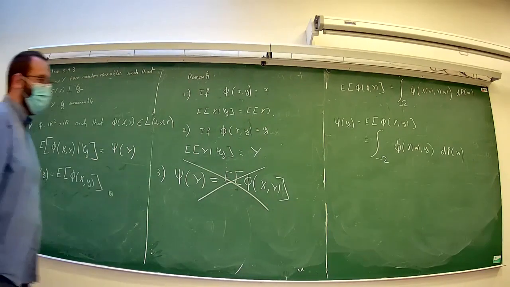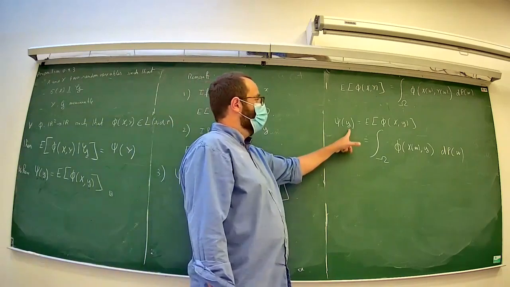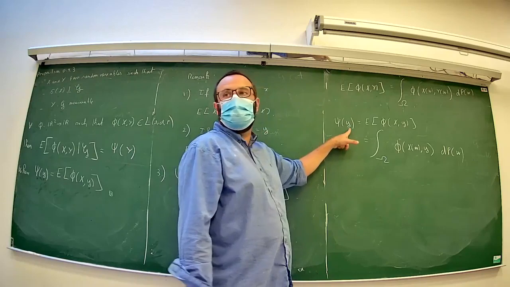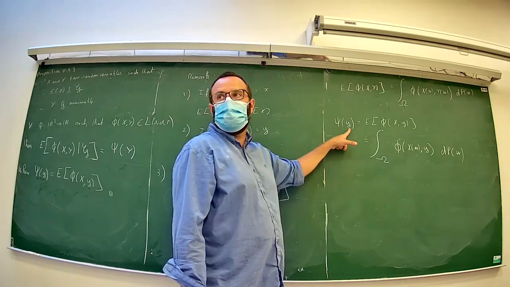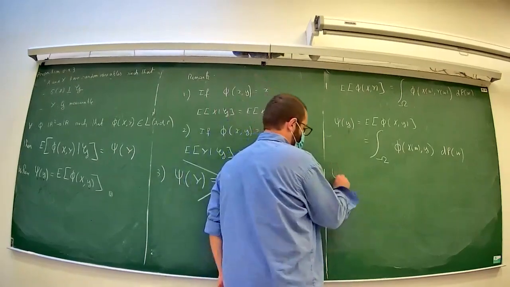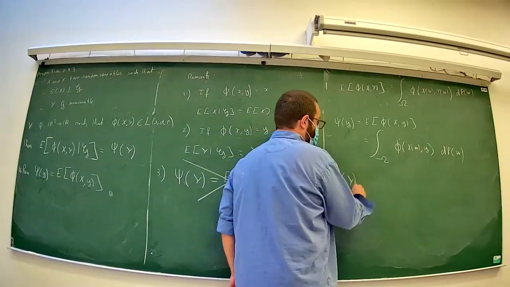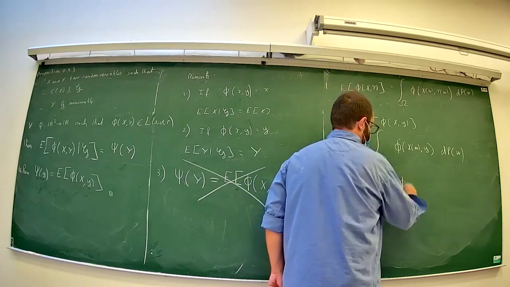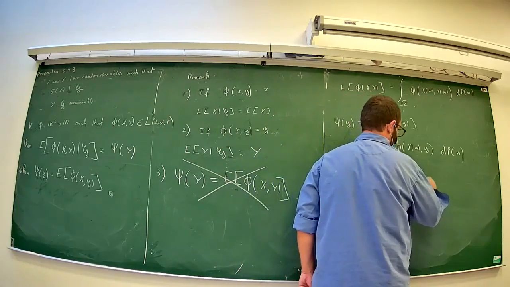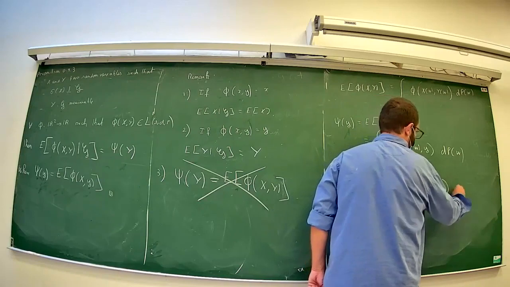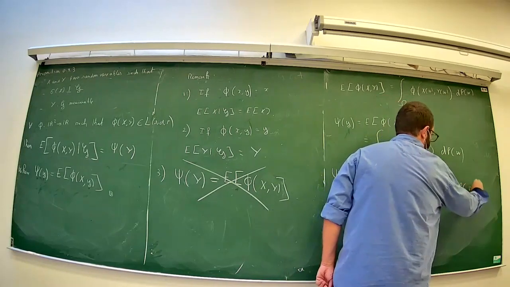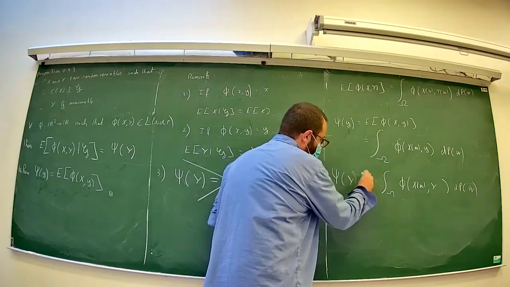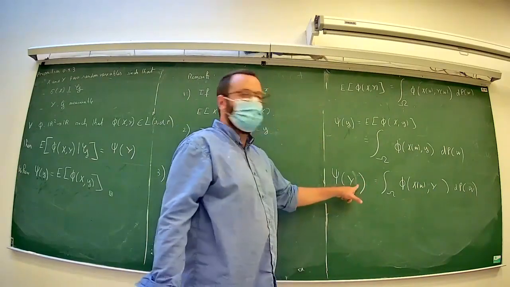If I plug capital Y inside here, I plug in something that is a random variable. But if I want to be more precise, here I have a random variable that depends on an argument.